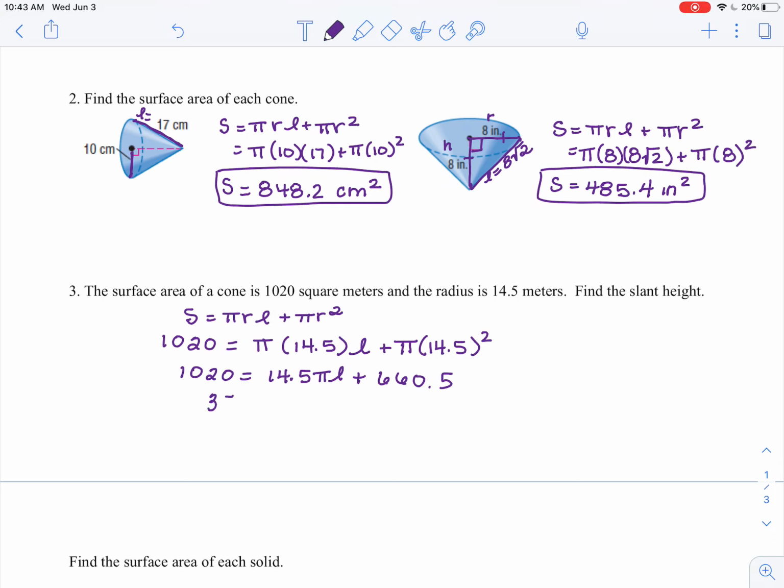So our equation now says 359.5 equals 14.5 pi L. And when we divide both sides by 14.5 pi, we get that our slant height is 7.9, and this will be in meters.